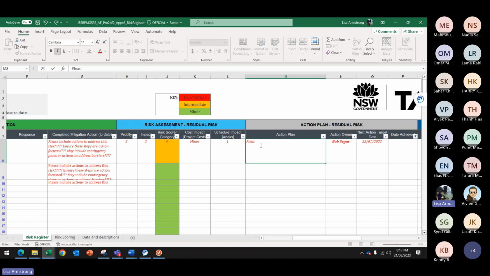So we want to please include actions to address the remaining risk for risk 1, the annual conference.